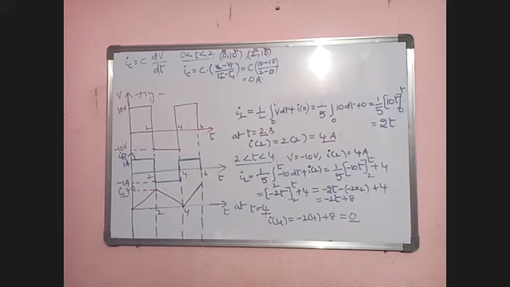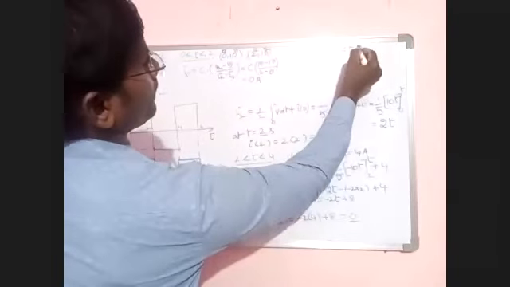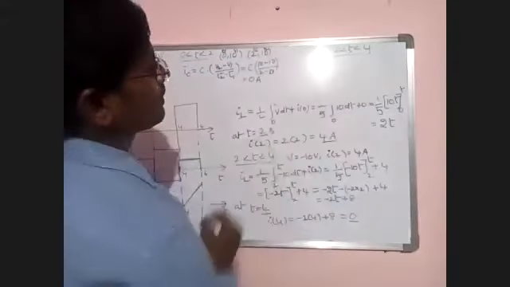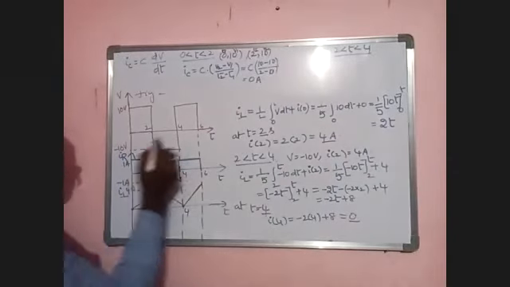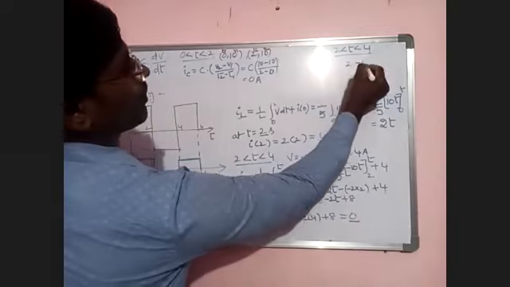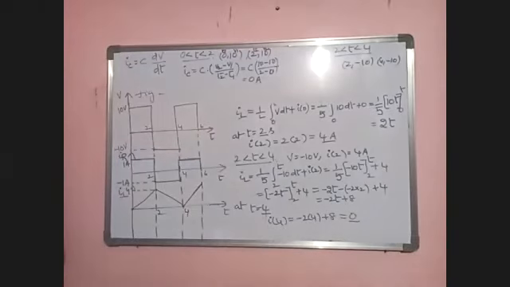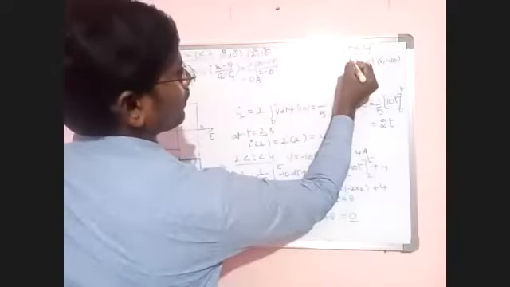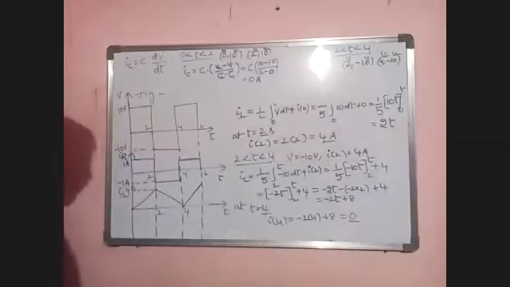In a similar way, in the interval 2 less than t less than 4, the points are at 2, minus 10, and at 4, minus 10. Again T1, V1, T2, V2.